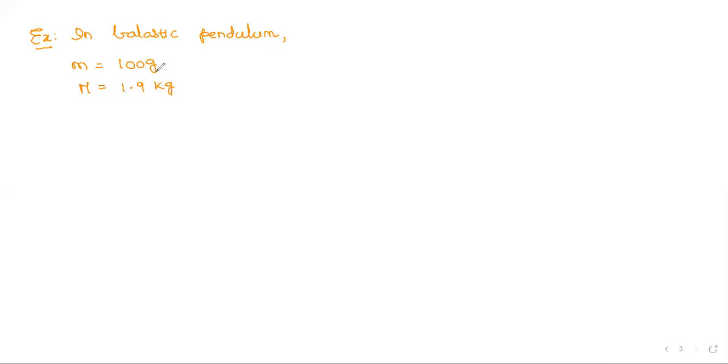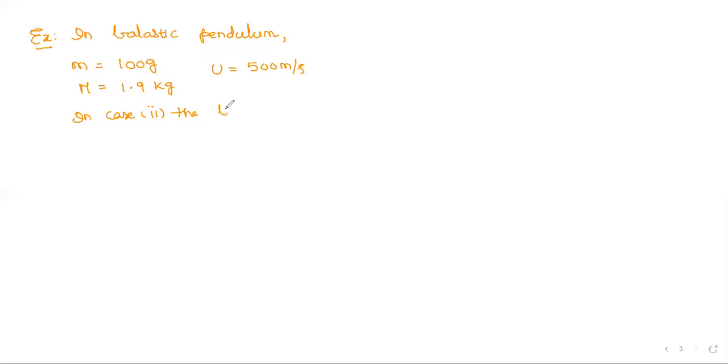In both the cases the bullet's initial velocity is u equals, say, 500 meters per second. The bullet travels with more speed.